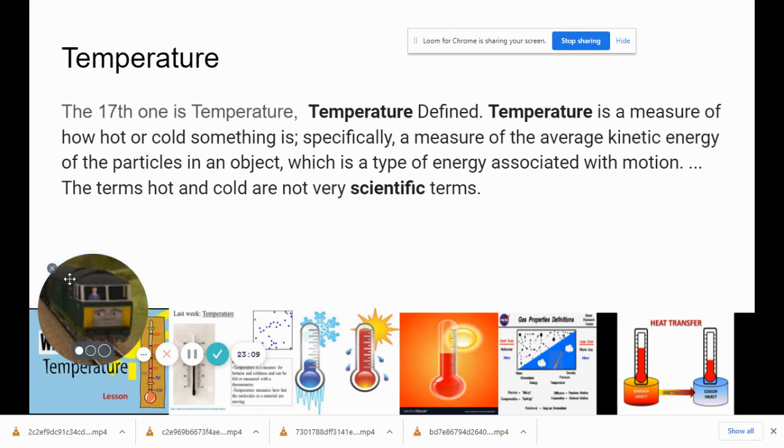A measure of average kinetic energy, which can be explained by the kinetic energy of the particles in the object, which is a type of energy associated with motion. The terms hot and cold are not very scientific terms. If you feel cold, then you actually feel okay.